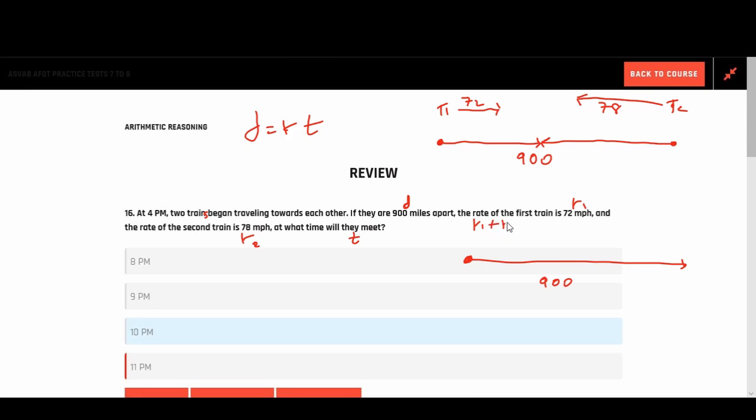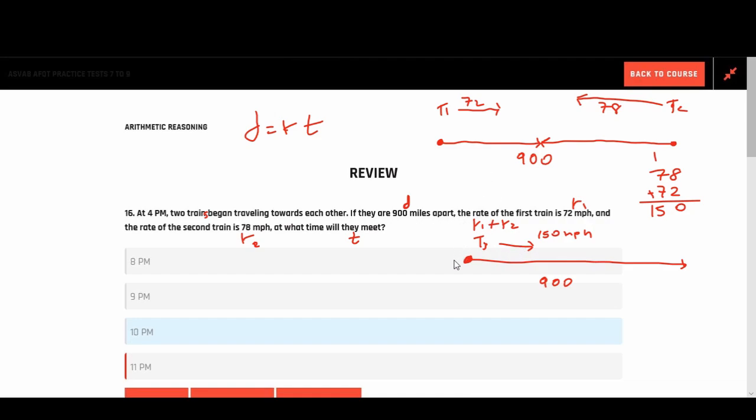So rate 1 plus rate 2, which would be 72 plus 78. So we'll call this train 3. It's traveling this way at 78 plus 72. 8 plus 2 is 10. Carry the 1. 7 plus 7 is 14. Plus 1 is 15. This is train 3 going at 150 miles per hour. The math is going to be the same.